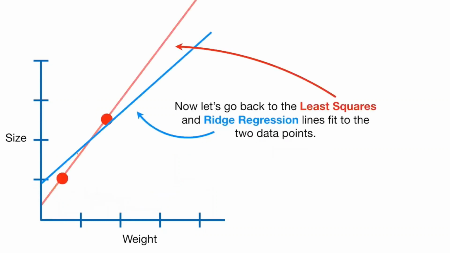Now this is what has happened with ridge regression. With ridge regularization, you basically make this line less steeper, and with less steepness in the data, with each unit change in weight, the change in size has also become optimal, or has become less.